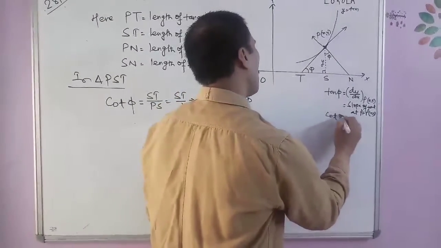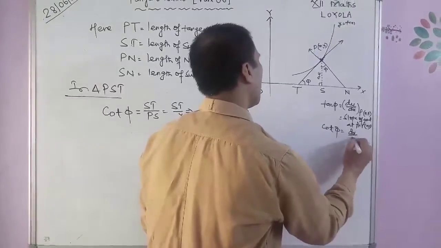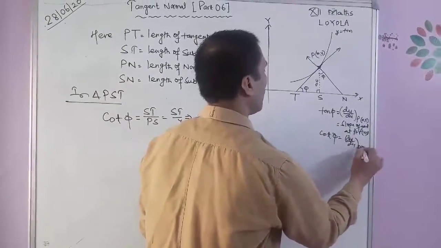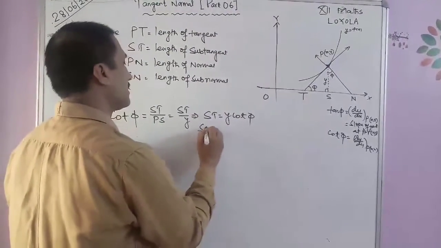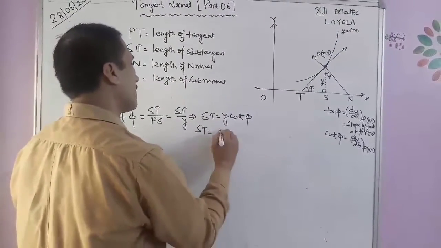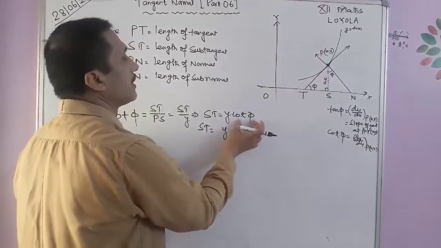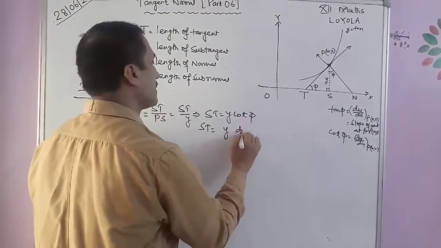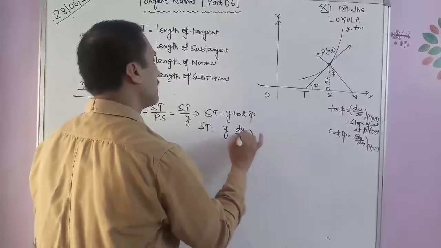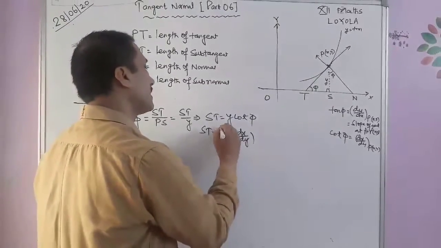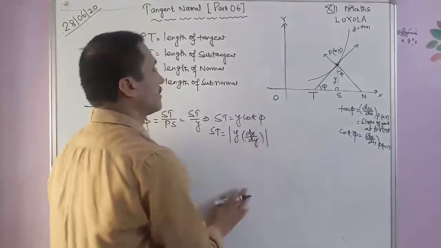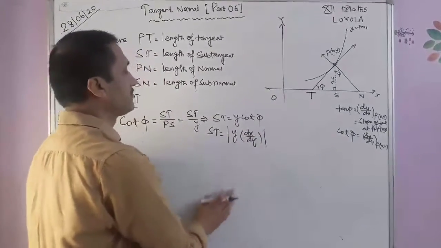So cot phi is dx by dy at P(x, y). Here we write ST equal to y in place of cot phi, dx by dy. Since this is a length, so we take modulus in practice: y dx by dy.